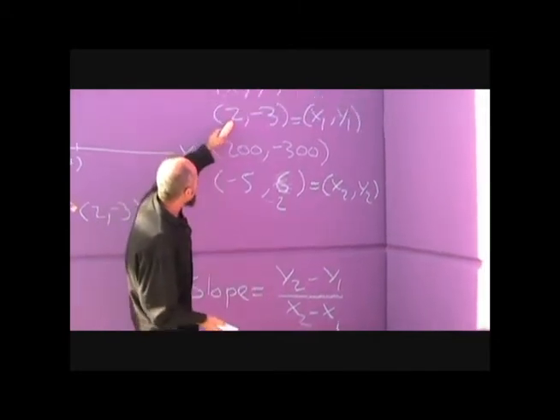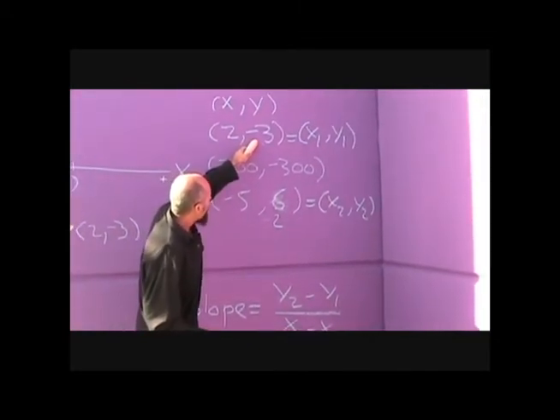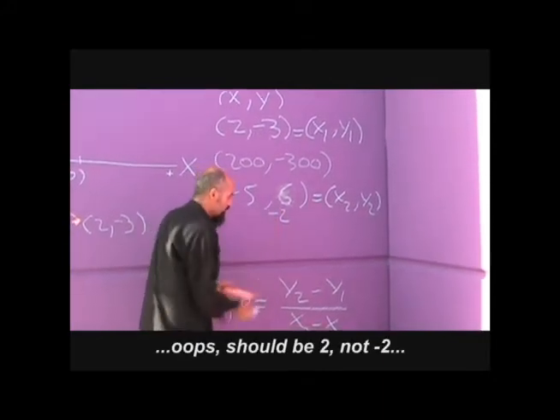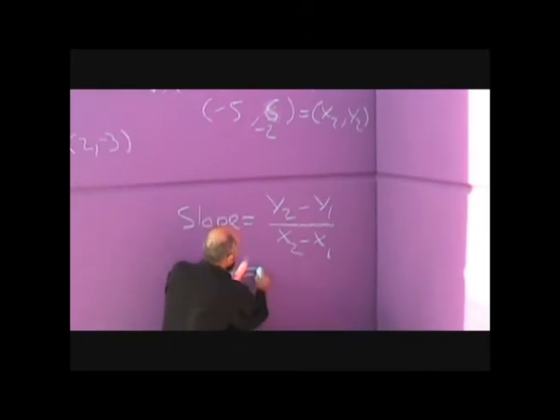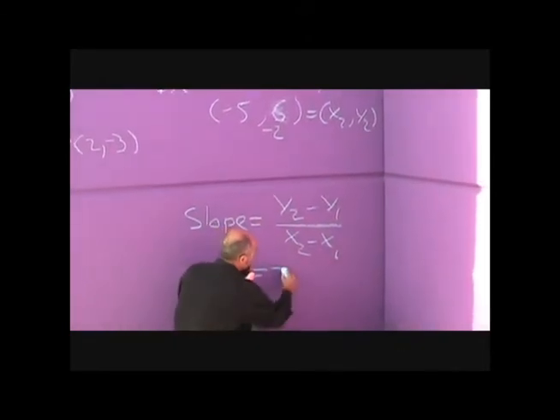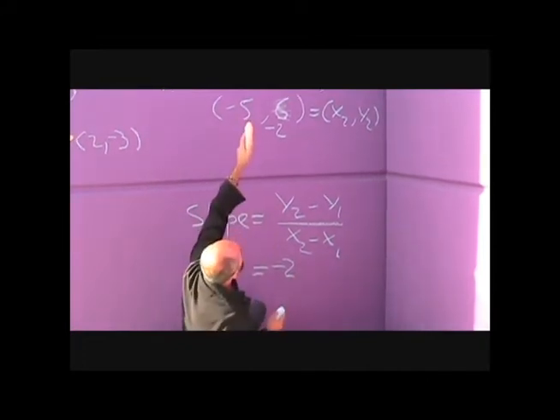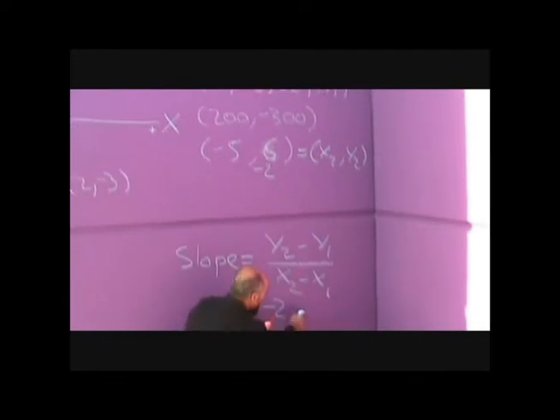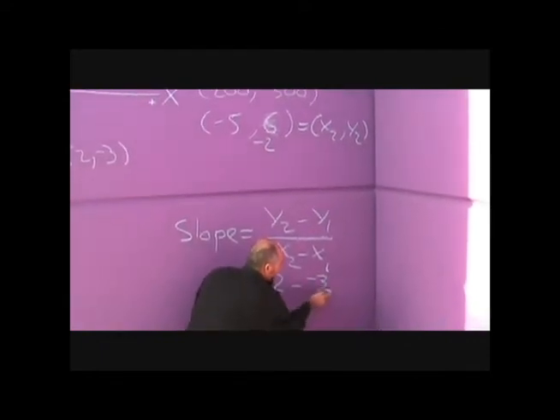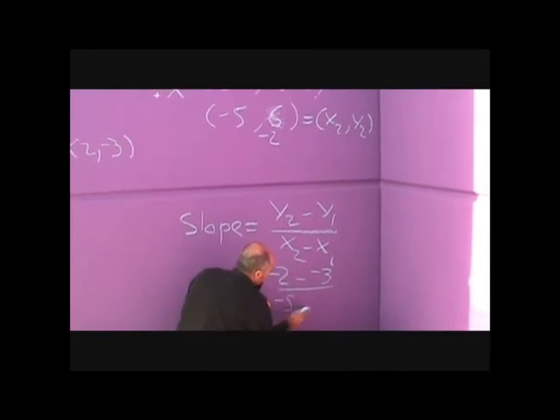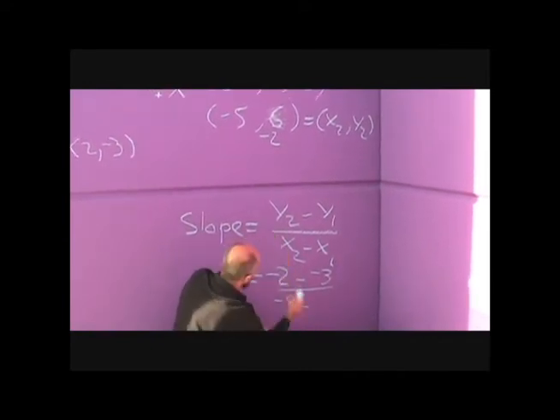So our points here are y1 is -3, y2 is -2. So what we're going to do is sub the numbers in for the symbols. So y2 is -2, y1 is -3. So what we're going to do is go minus -3, x2 was -5, minus x1 was 2.